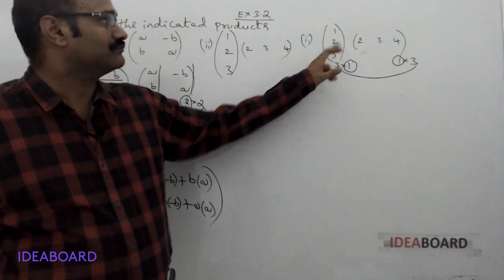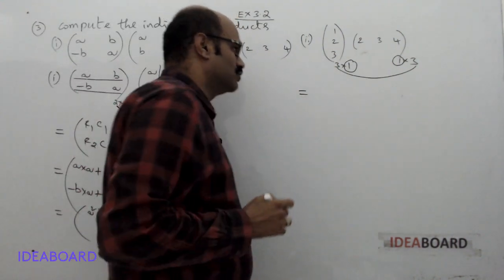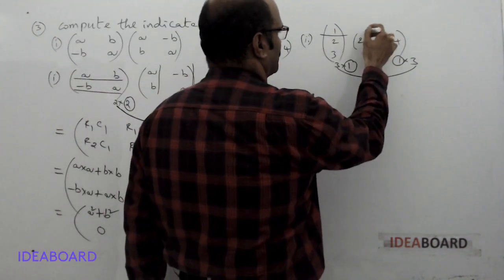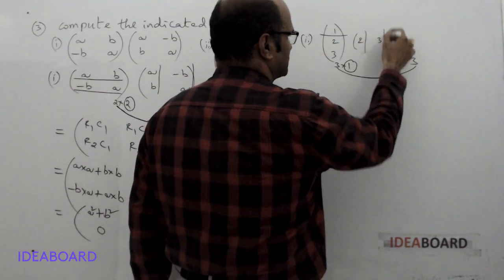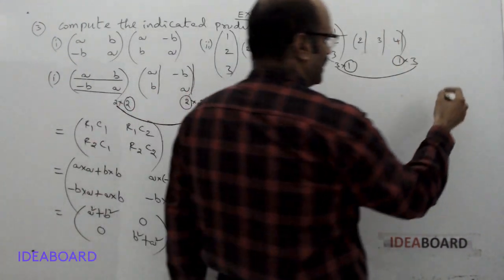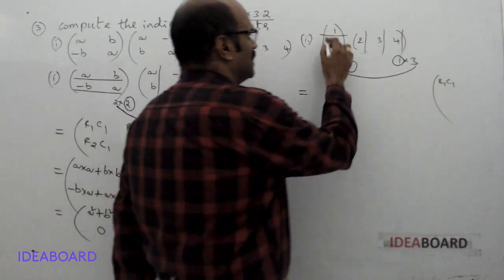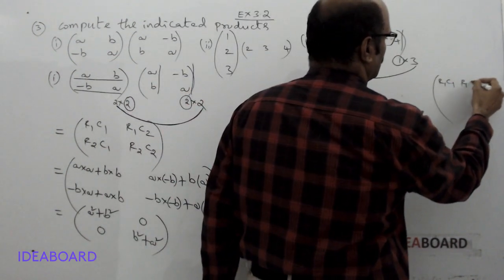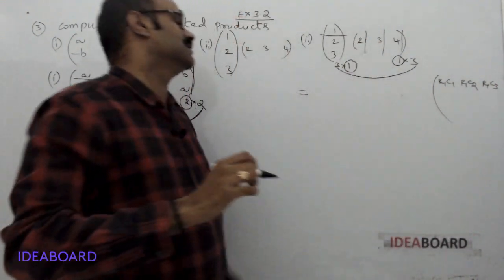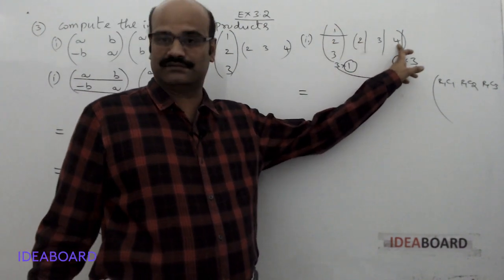Now, this is equal to, first we have to multiply first row with the first column, first row with the second column, first row with the third column. So we have to take it as R1 C1, R1 C2, R1 C3. With R1 we should multiply all the columns.